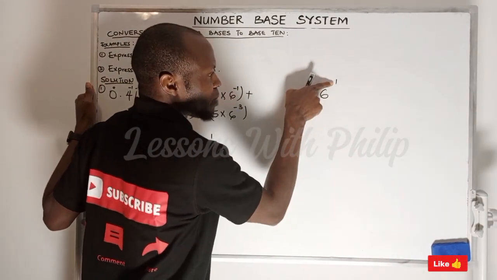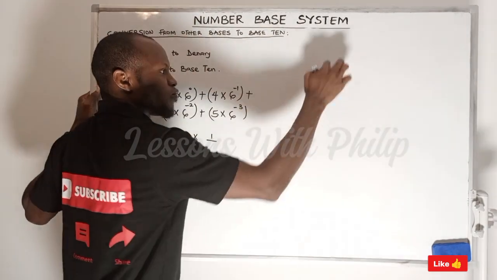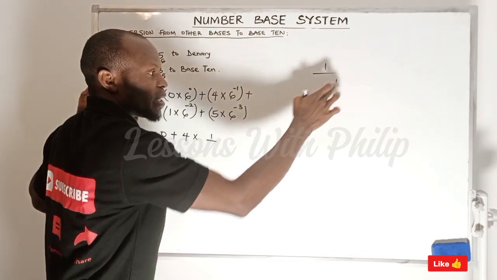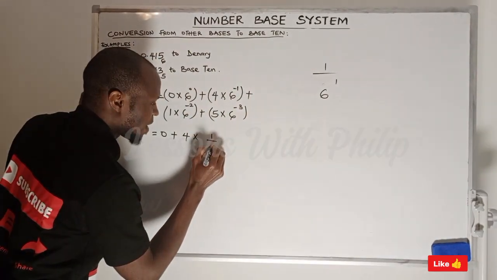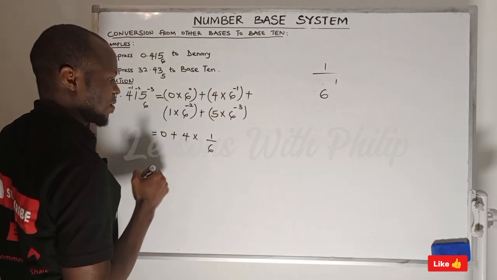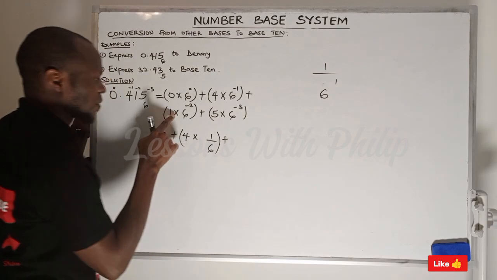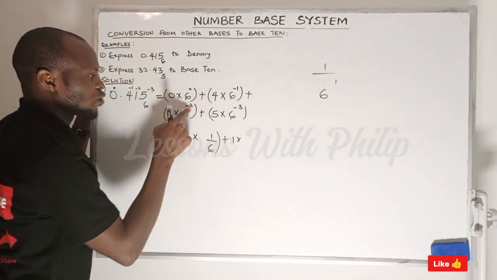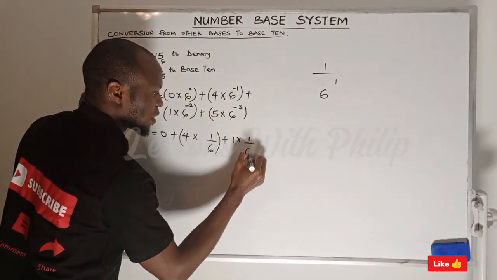If I remove this minus, it becomes 1 over. I just introduced 1 over to what is left. So 1 over 6 raised to power 1. And 6 raised to power 1 is 6. So I will have 1 divided by 6. Plus 1 times 6 raised to power minus 2. That will be 1 divided by 6 squared.